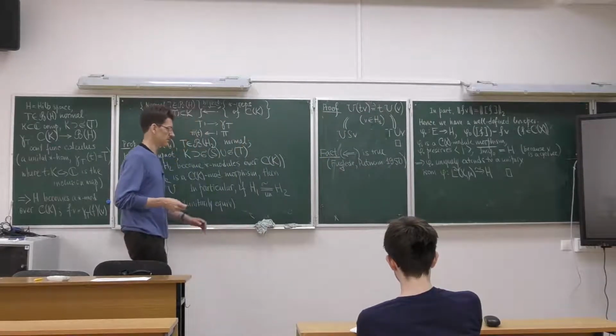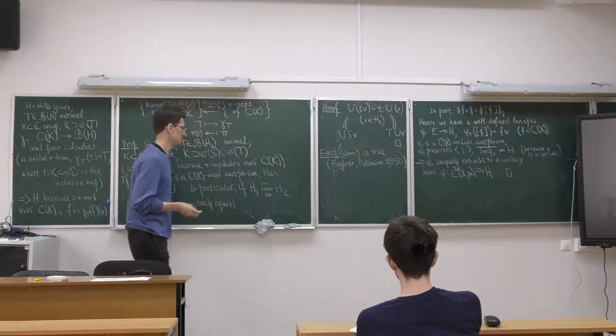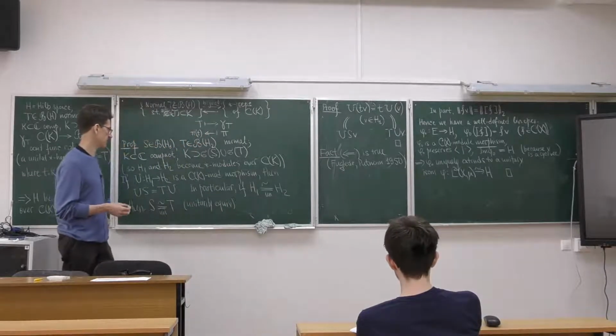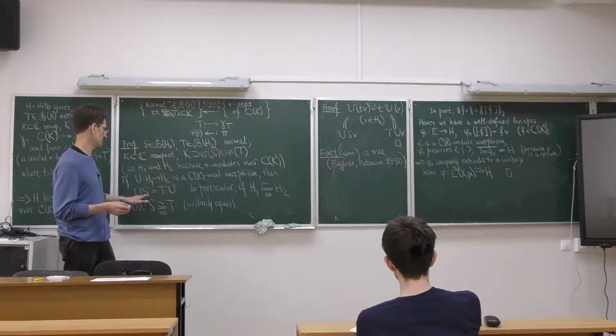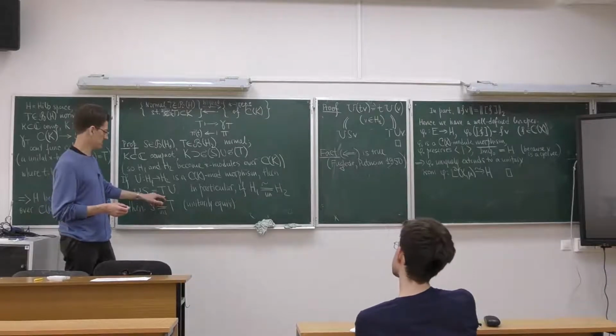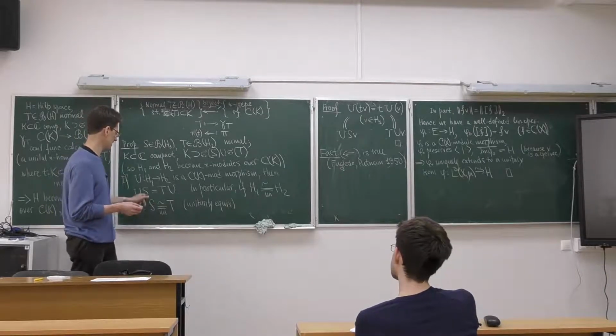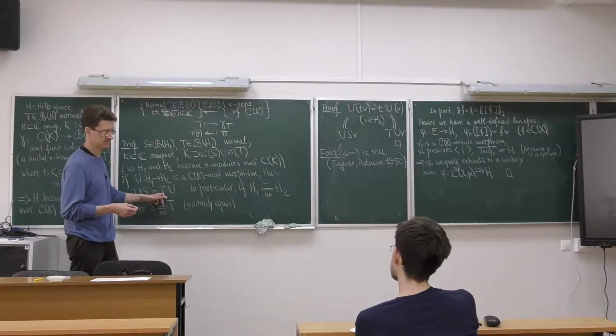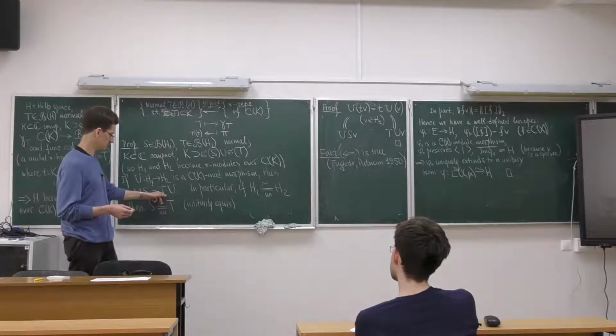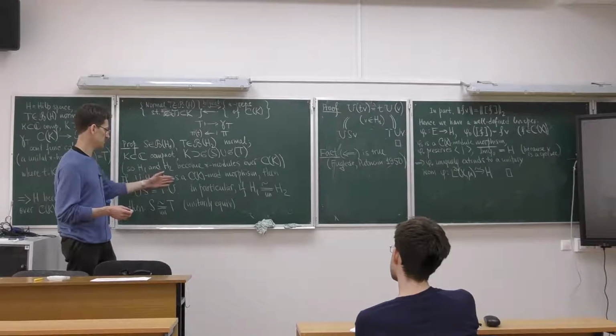Well, actually, their theorem is usually stated in slightly different terms. It states that if U intertwines S and T, then the same operator U intertwines S star and T star. And by using this, we can easily deduce that U is a C(K) module morphism.